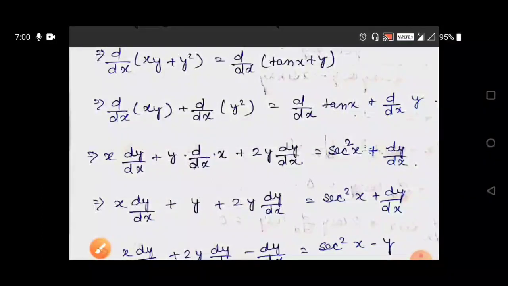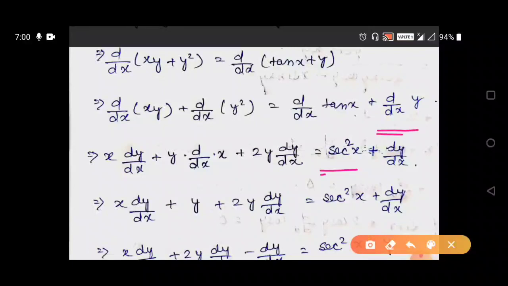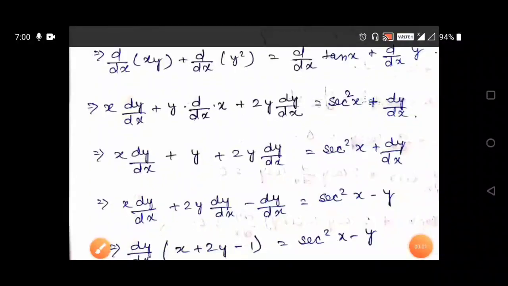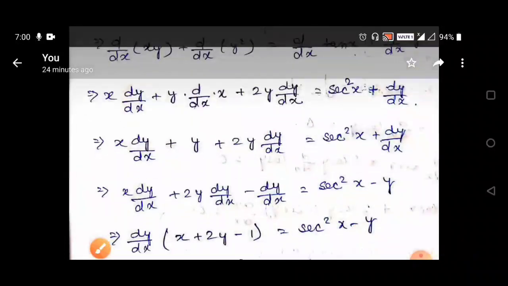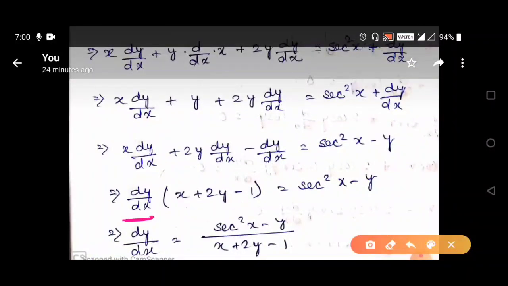Now d dx of 10x is 10 and d dx of y is dy by dx. We will take this dy by dx to this side and this y to the right hand side. From here now we can take common dy by dx. After taking common, we can find dy by dx.